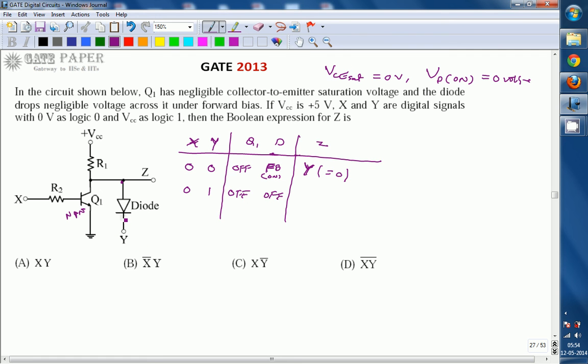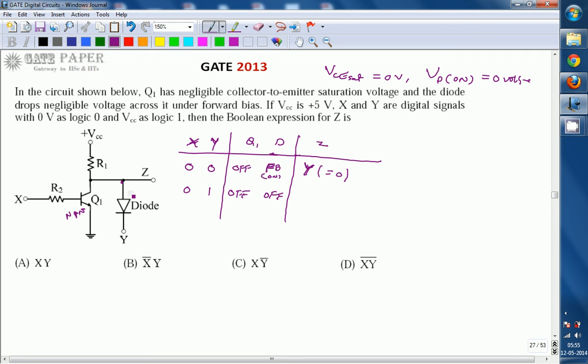VCC towards the N side is making the diode reverse bias, because the P side is given VCC along with some voltage drop. So the voltage there is always less than VCC, whereas what you are giving at Y is VCC. So this diode has more positive voltage on the N side, so the diode will be reverse bias. Under reverse bias it acts as an off switch.